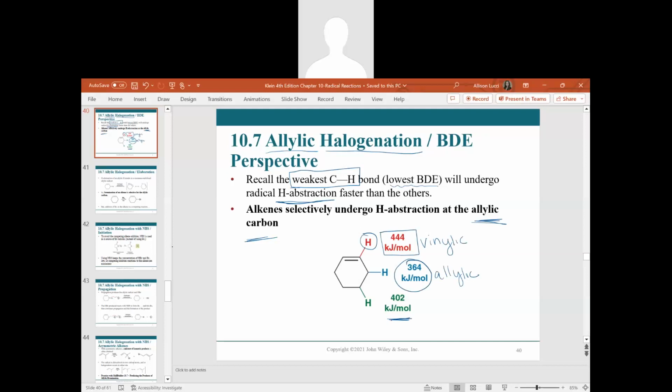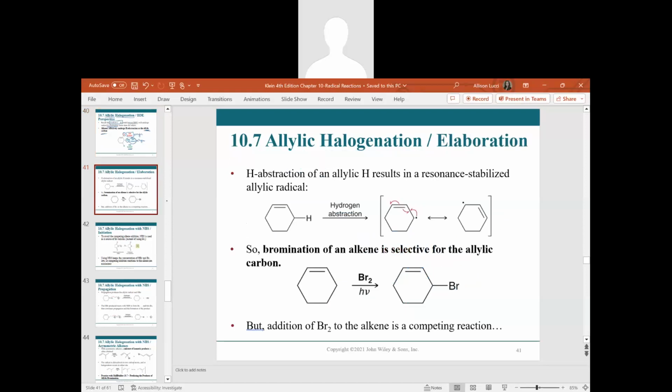So amongst these hydrogens, the allylic one would be abstracted, and therefore alkenes will selectively undergo hydrogen abstraction at the allylic carbon. That results in halogenation at that site. This will have the lowest energy because it will generate this resonance stabilized allylic radical.